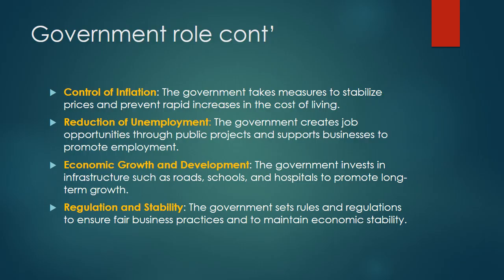Government also plays a role in the reduction of unemployment. The government creates job opportunities through public projects, such as the affordable housing program. The government has created jobs there, and internships for youth. So it is the role of government to reduce unemployment.